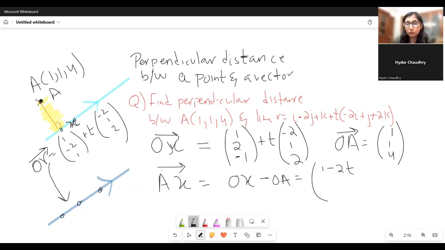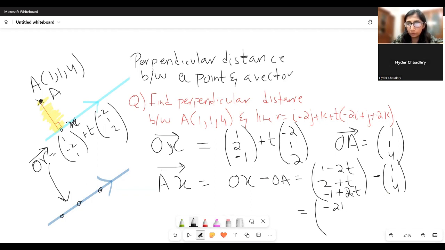So 1 minus 2t, and 2 plus t, and minus 1 plus 2t, minus 1, 1, 4. So that would be 1 minus 2t minus 1, which is just minus 2t.